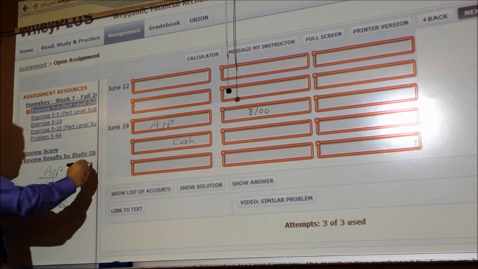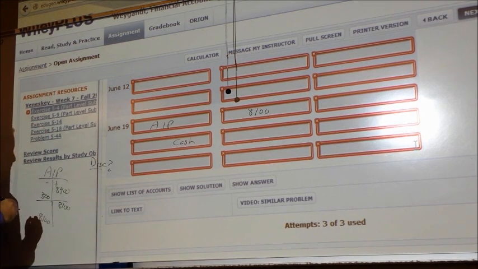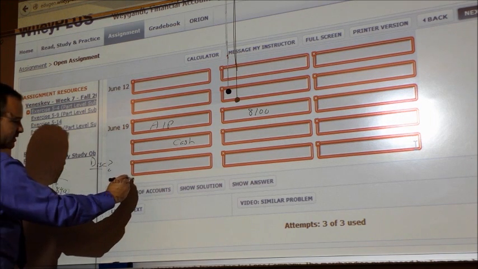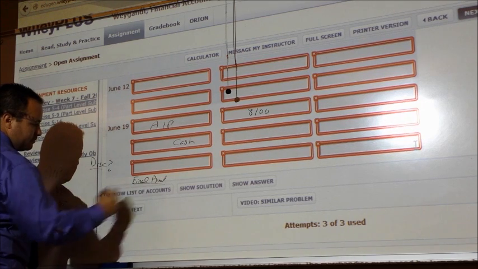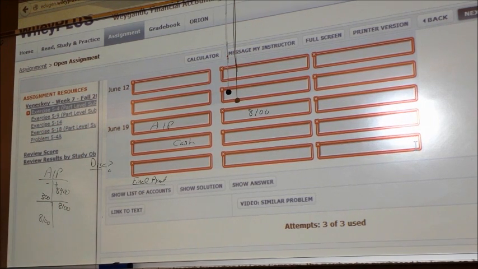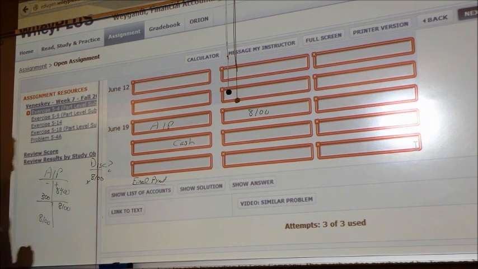And this is where I would do it off on the side. How much discount did I get? And how much was the final payment? The discount is going to be on $8,100 times what they tell us.